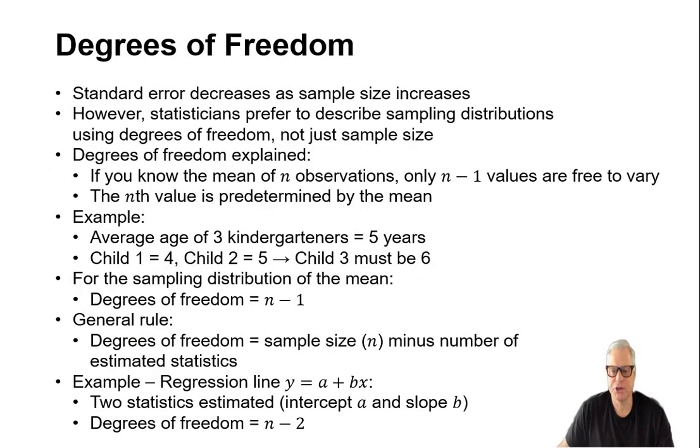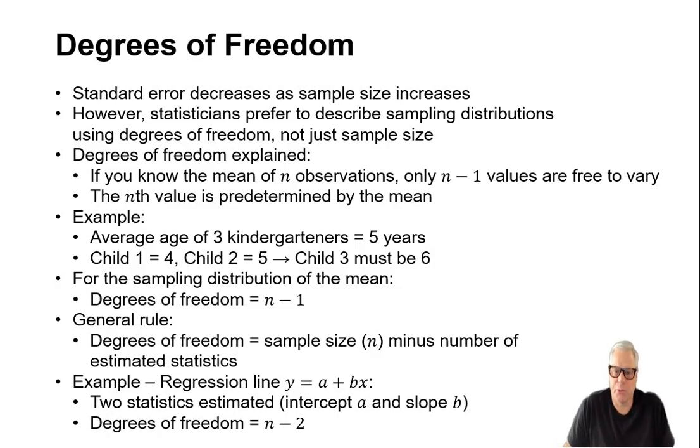Now I just mentioned the degrees of freedom. What that means is that the more degrees of freedom you have, the more variables can freely vary. And the greater your degrees of freedom, the greater your sample size.